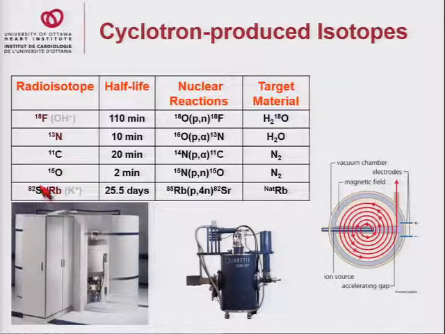In fact, strontium-82 is also made, not by a PET cyclotron but by a higher energy cyclotron, to produce rubidium in our rubidium generators. The cyclotron really is either a proton or a negative ion accelerator.